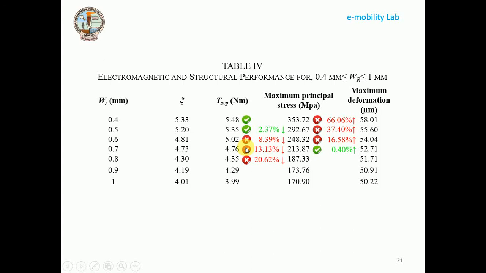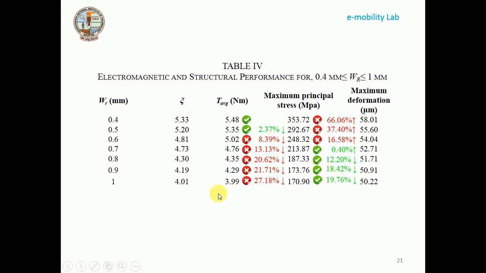Now coming to 0.8, the rotor is mechanically robust and very stable, but the torque is not acceptable. Coming to 0.9, same situation: the torque is not acceptable and it is further decreased, but the mechanical robustness of the rotor is increasing. Again at 1, there is a further decrement in torque, but an increment in mechanical robustness.